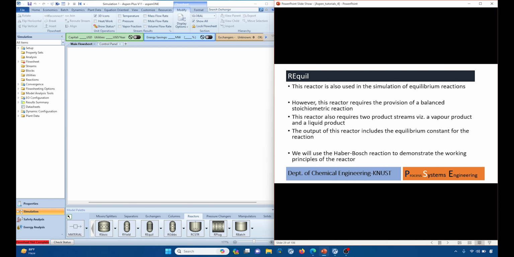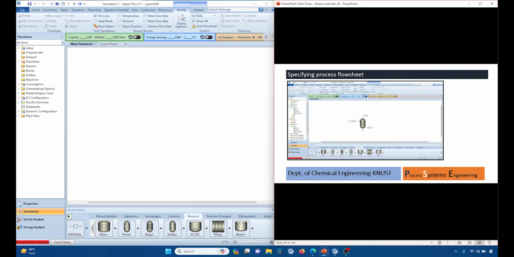And it has some restrictions on what the product should be. It should be a liquid and a vapor product, and it's able to determine the equilibrium constant and position for you as well. We are going to demonstrate that using the reaction we saw previously.